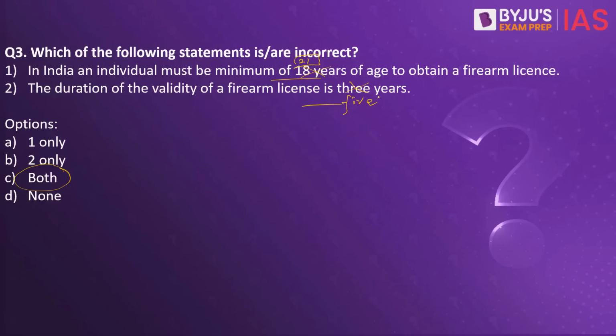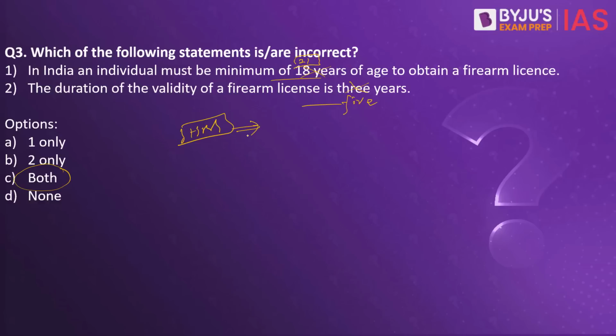Added to it, whenever we speak about firearms, it is for self defense, so he should be given a license. For getting the license, he has to make an application where the licensing authority happens to be the Ministry of Home, that is the Home Ministry. They will have a fixed process, and once all these processes are followed, we have the DM, that is the state government, which will be providing the license.